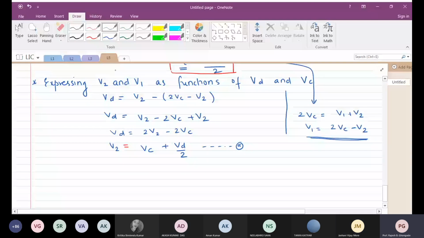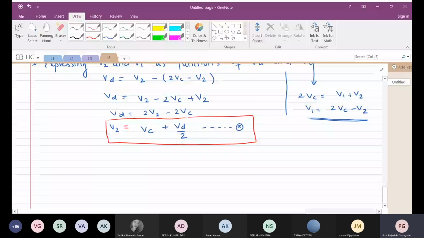Yes, sir. Should be very straightforward. And in a similar way, I can have V1 as VC minus VD by 2. Do this on your own. It's a very simple exercise. Call this equation B.